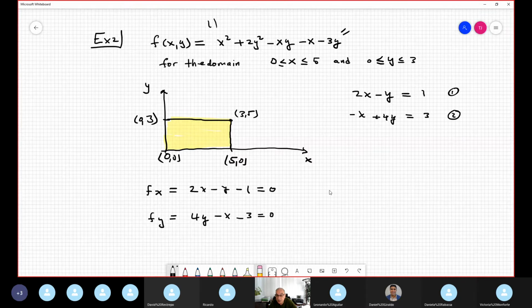Okay, this is my second equation. It's a linear system of equations. Super easy. Use anything you know to find that. And the solution is x equals 1 and y equals 1. The point is 1,1.